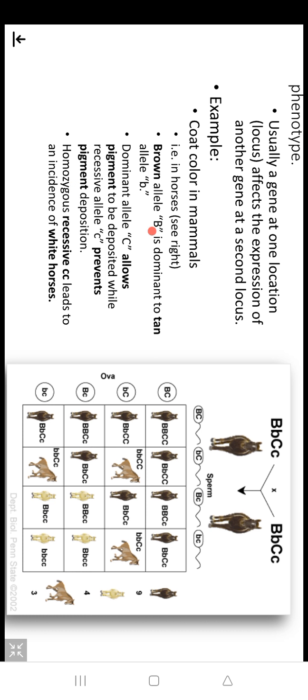So you can see these two genes at two different loci are actually interacting. It means that when the horse has the recessive c, no pigment will be deposited, whether it has the capital B for brown color or the small b for tan, the color will not be deposited.